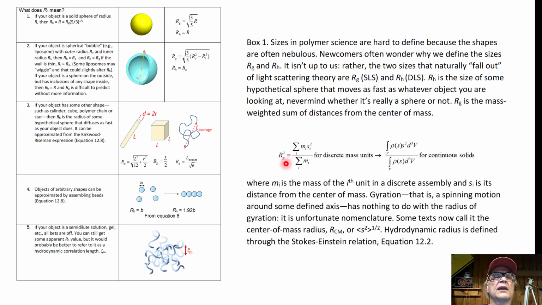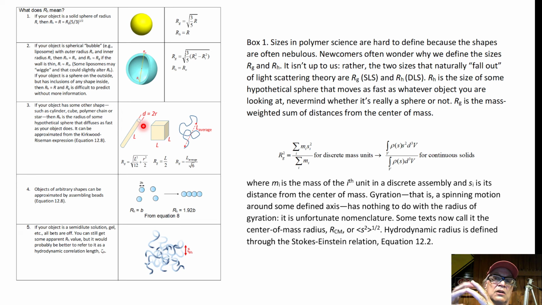Finally, what does this hydrodynamic radius really mean? I'm going to let you look at this box as long as you want, but let me just tell you. It's a little bit like RG, radius of gyration, in the sense that it doesn't have to be a spherical object to have an RH.